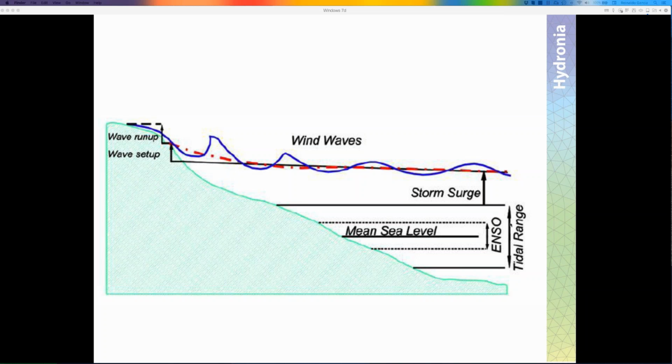There is also the tidal range, and also storm surge that is occasional. It occurs only when we have a hurricane or a tropical storm. Obviously, the waves have an influence, and they all finally can have an impact on the coastal area here. So the combination of these factors may affect how the coastal area gets flooded at some point. I'm going to discuss each one of them separately.